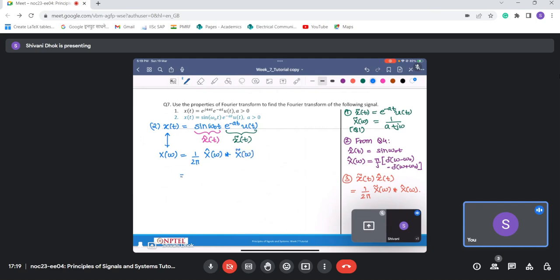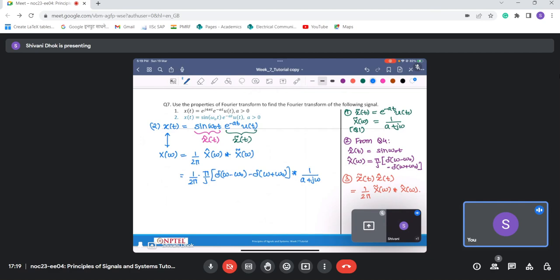So this we can write as 1 upon 2 pi into x hat of omega, that is pi by j, multiplied by delta of omega minus omega naught minus delta of omega plus omega naught, convolved with 1 upon a plus j omega.